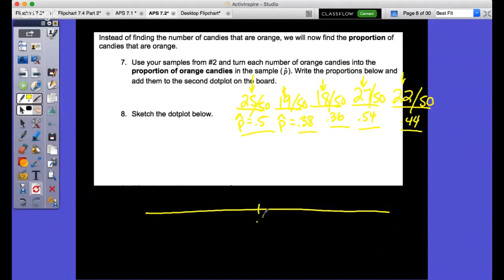So like maybe this is 0.4, so this may be 0.45, 0.5, and then maybe just have values in between, right? And then I want you to write it to the right side of the board, especially if I'm not here, and just sketch it, and then we'll go from there. So go ahead and do number 7 and 8.